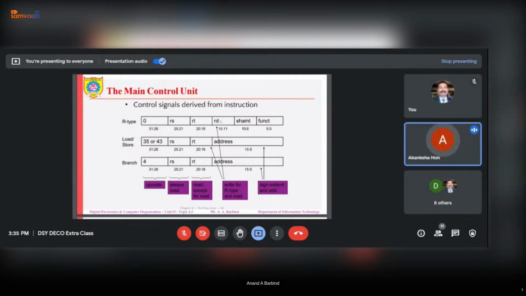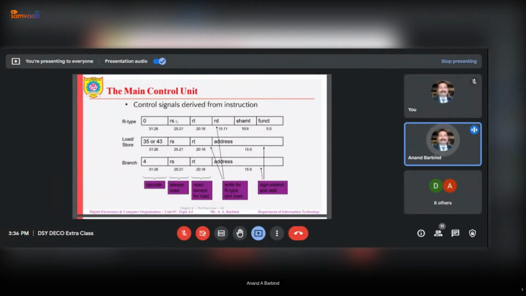Count properly. For each of RS, RT, and RD, 5 bits are there. Including 21, you have to count. So 21 to 25 is 5 bits, 16 to 20 is again 5 bits, and 11 to 15 again is 5 bits. So every register is specified using 5 bits.